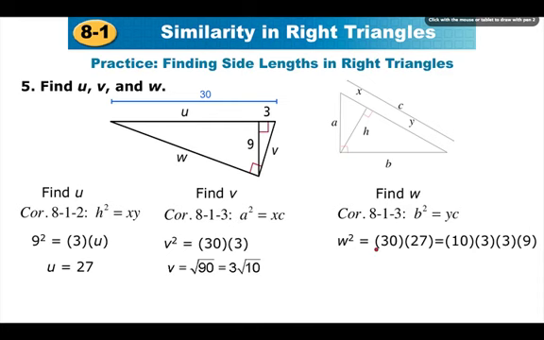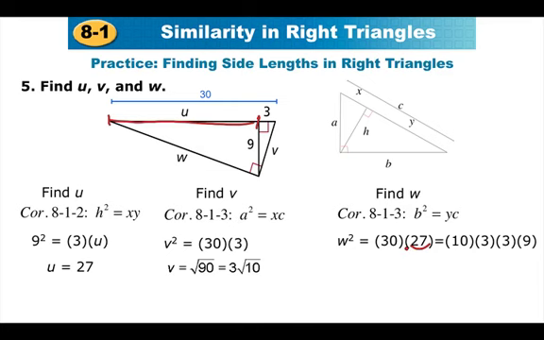Pause for a second. W squared, which is your leg, times the distance from here to here, which is not 30, it's actually 27, times the entire hypotenuse, which is 30. So 27 times 30 is the same thing as 30 times 27.